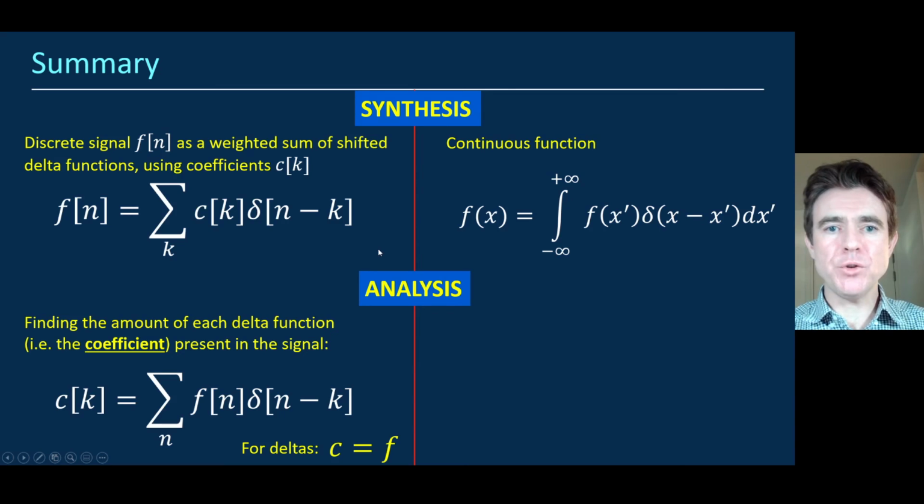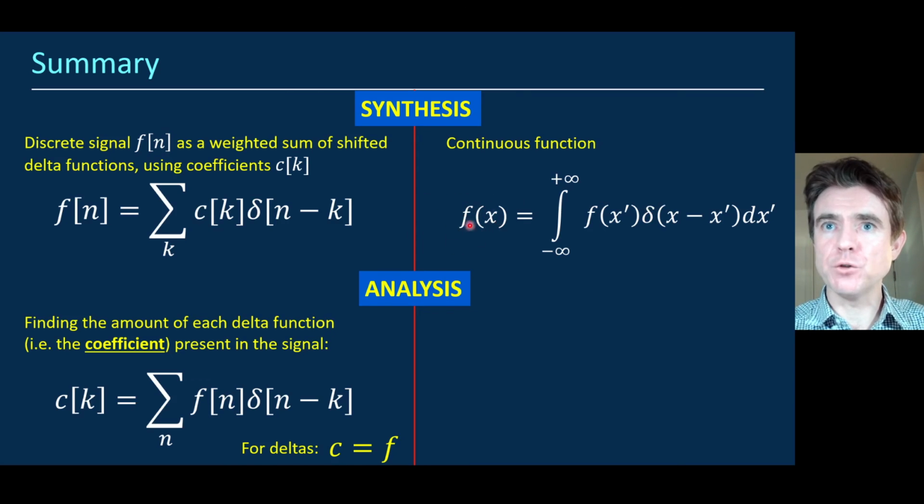Okay, now to give you the continuous function analogies. Remember, we started out the video talking about the continuous Dirac delta function. So let's now revert back to that by using the synthesis and analysis expressions. Here we're saying in the continuous case, we can reconstruct or synthesize a continuous function f of x by taking a continuous Dirac delta function. This would be the case for quantum mechanics, where we're often expressing continuous functions to express quantum mechanical wave functions.